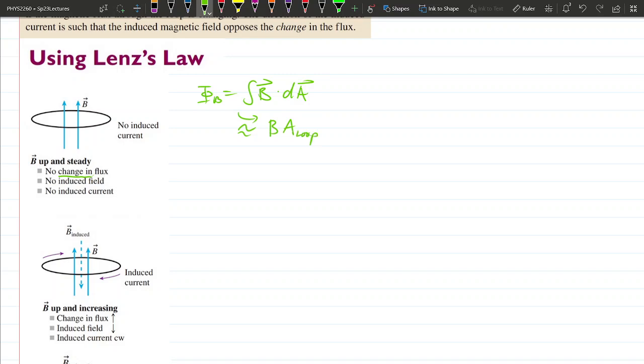If neither is changing, and you multiply these two numbers together, your magnetic flux is going to be the same.